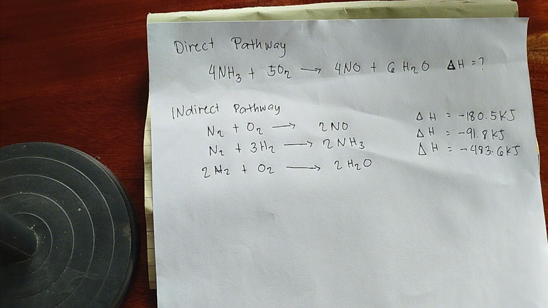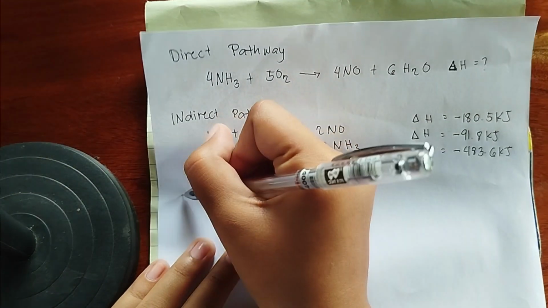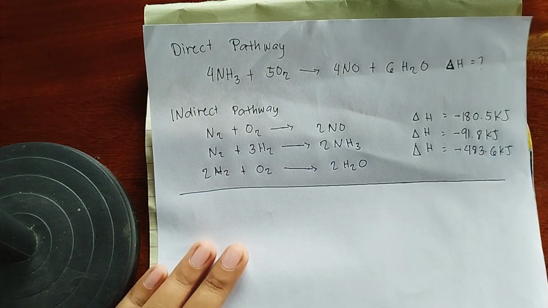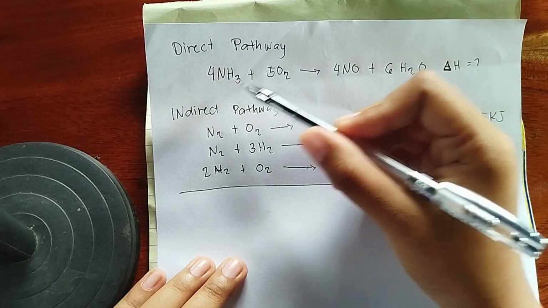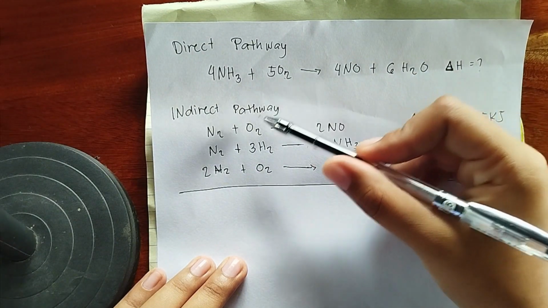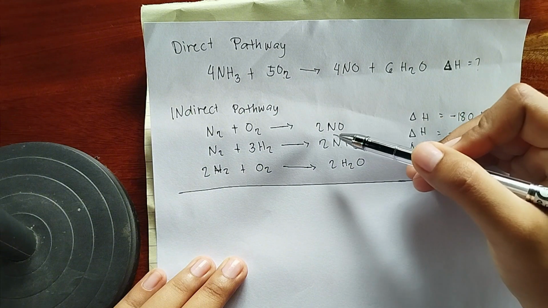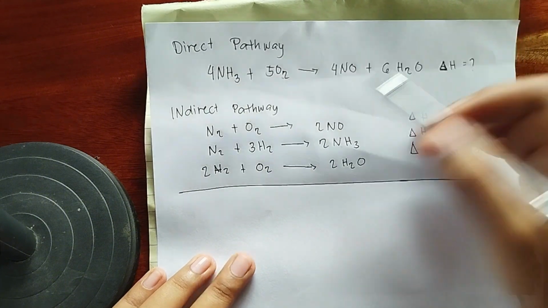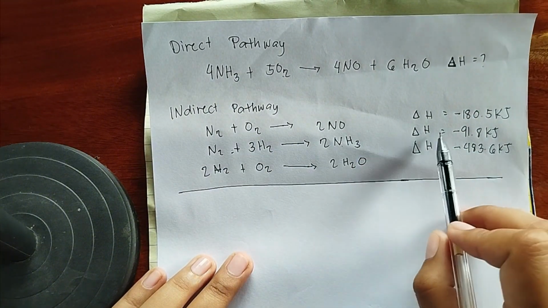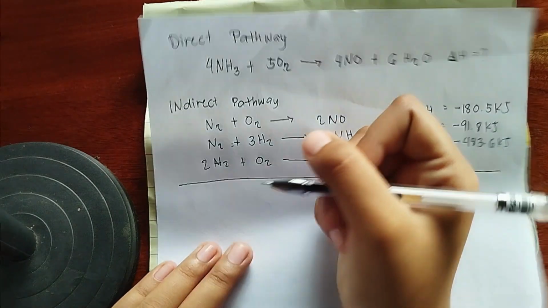First thing we do, we will find out if the reaction is in the right place. You see here that the second reaction produced 2 moles of NH3. We need to revise it to match the reactants to our target equation.